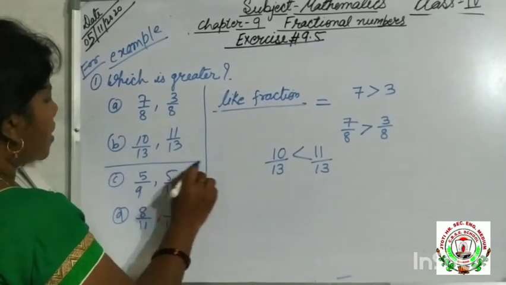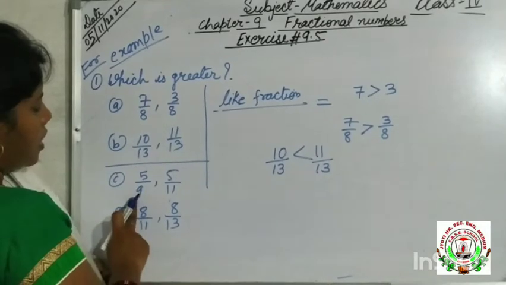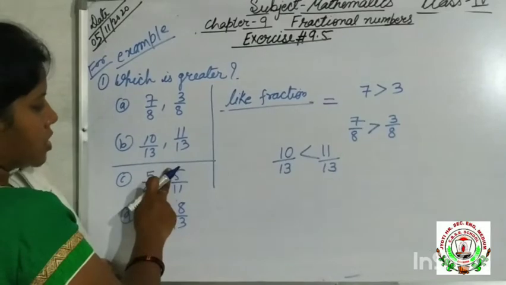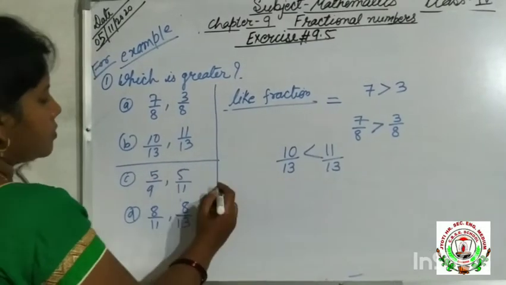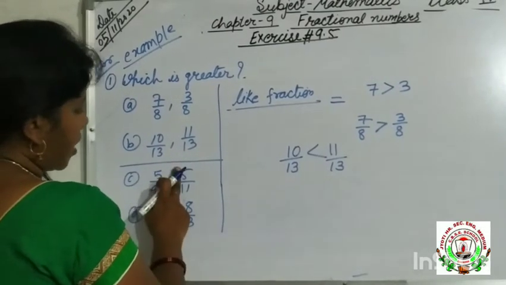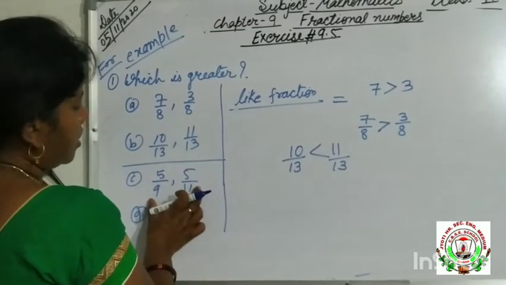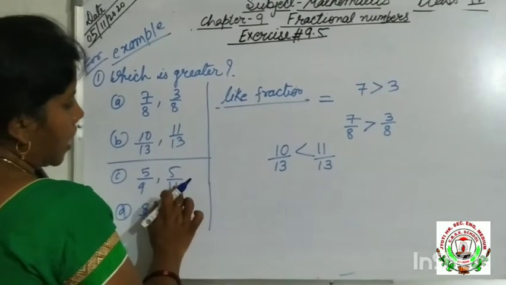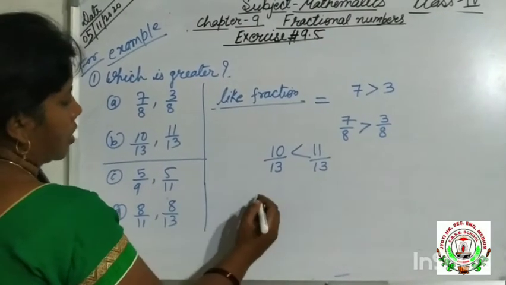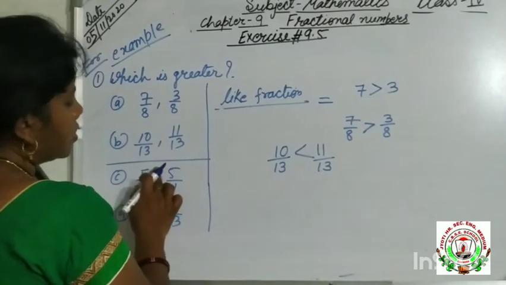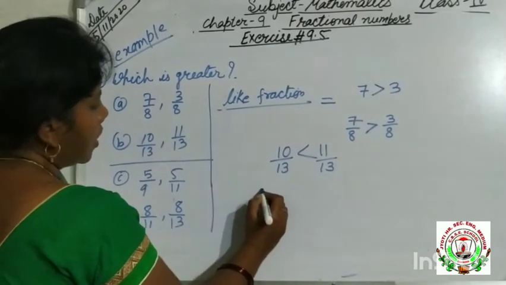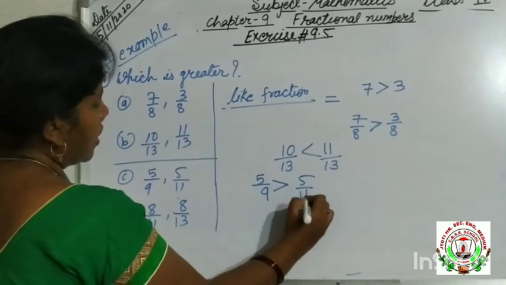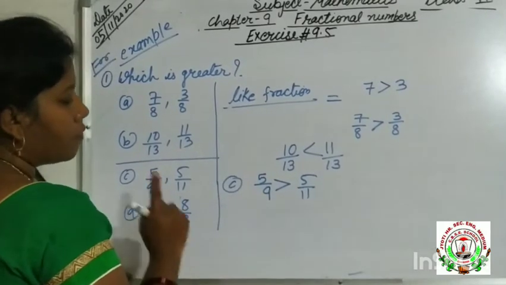Now next we will see unlike fractions. Here 9 and 11, different denominators are there, but the numerator is the same. When the numerator is the same and the denominators are different, what will you do? The smaller denominator gives the greater fraction and the greater denominator gives the smaller fraction. So here 5 by 9 will be greater than 5 by 11 in part C. When does this happen?